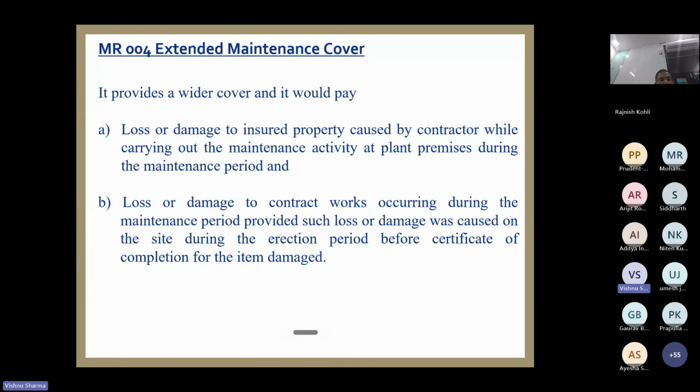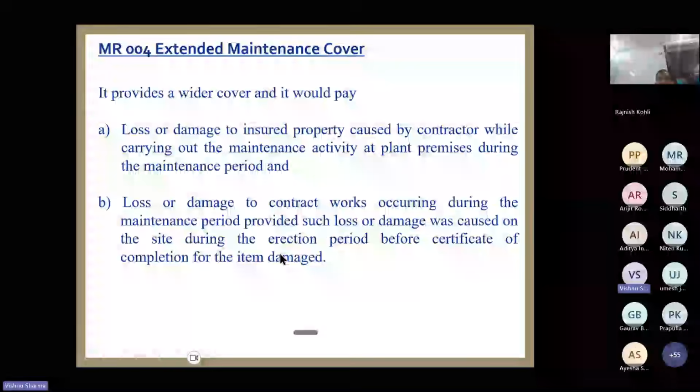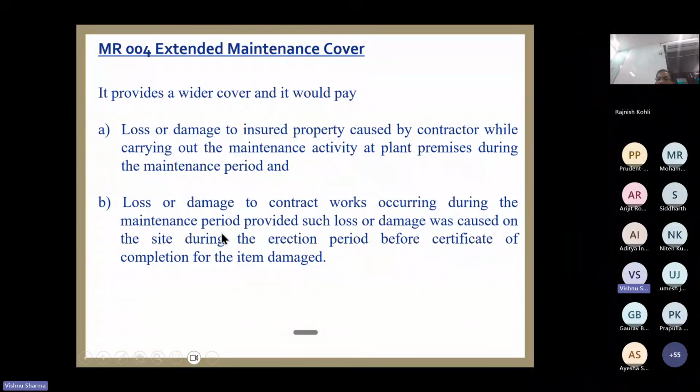So this will be paid under extended maintenance cover, provided, and this proviso is very important, this loss was caused on the site during the erection period, before the certificate of completion of the item was given.